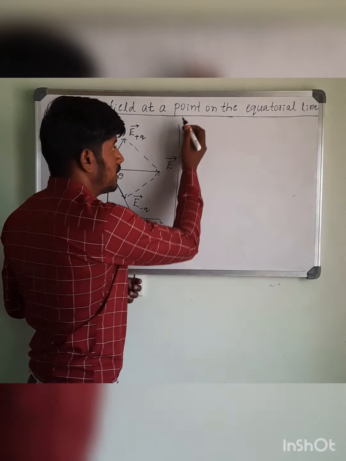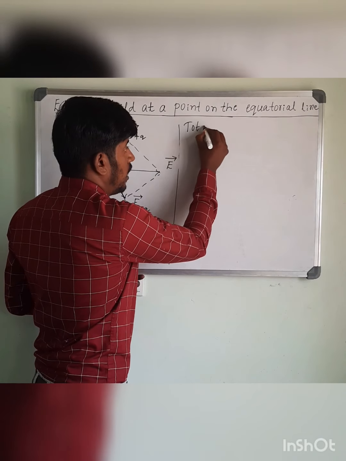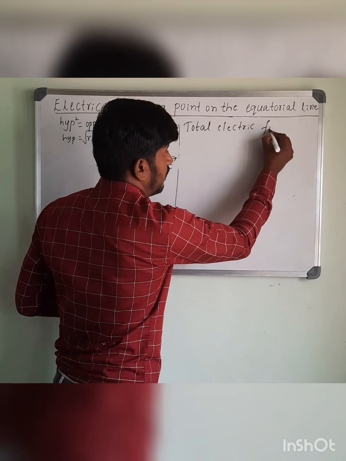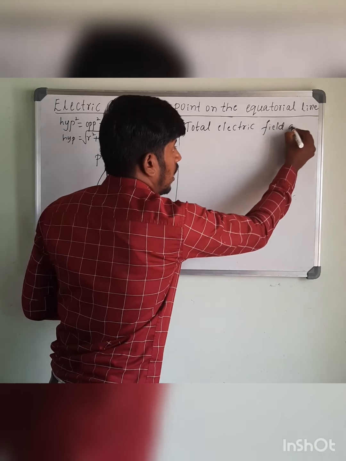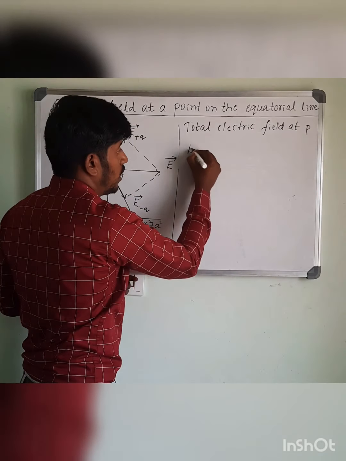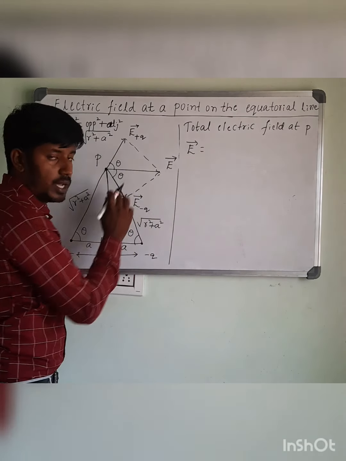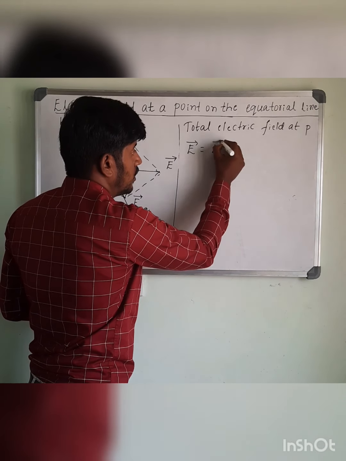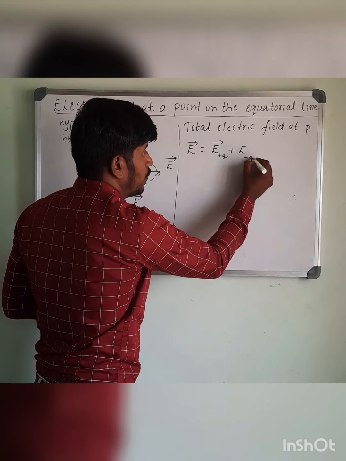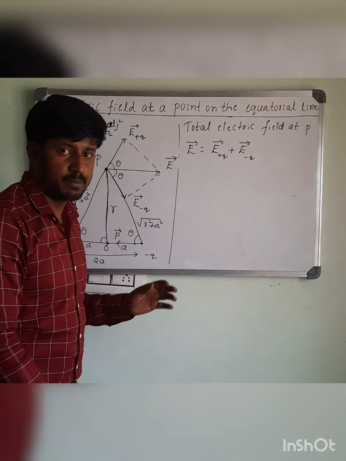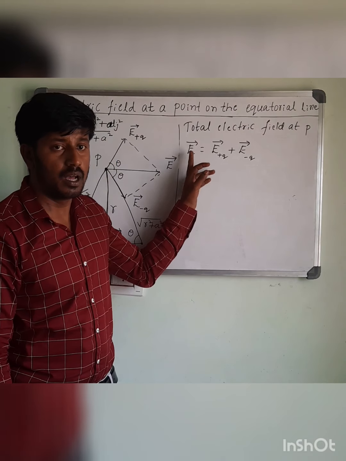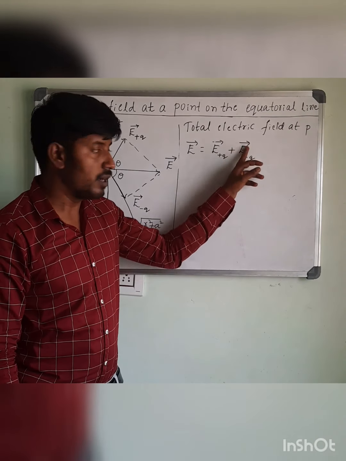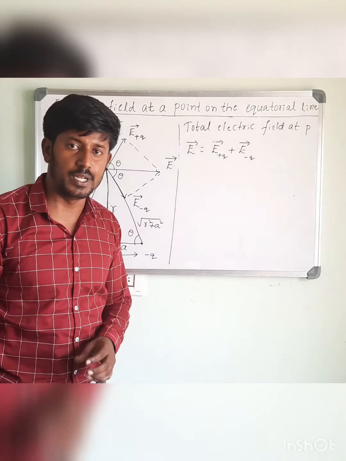According to the superposition principle, the total electric field at P is given by E vector, this is the total electric field, that is equal to E plus Q vector plus E minus Q vector. So the superposition principle says that the total electric field at any point is equal to the sum of electric fields due to individual charges.